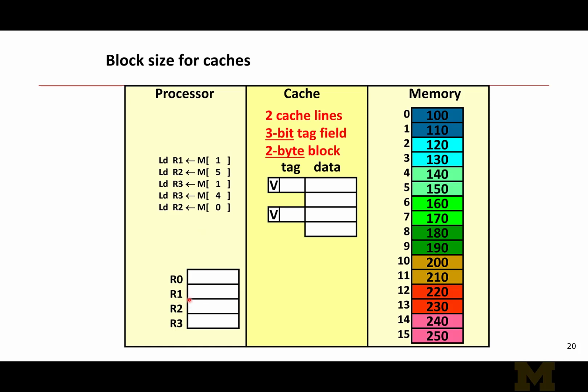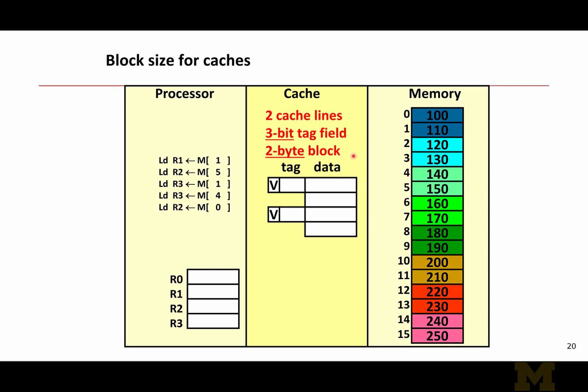In this case, I have only 4 registers. And my cache has 2 cache lines, and each tag is of size 3 bits because 1 bit is going to be used for the block offset. The remaining 3 bits of the 4 bits is my tag. Each cache block is going to be of size 2 bytes.